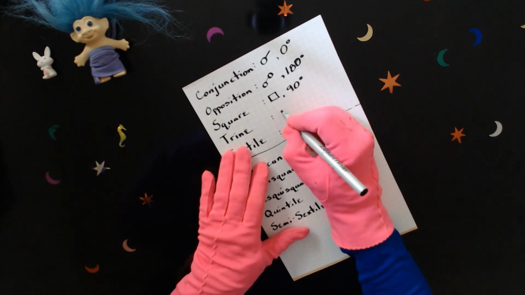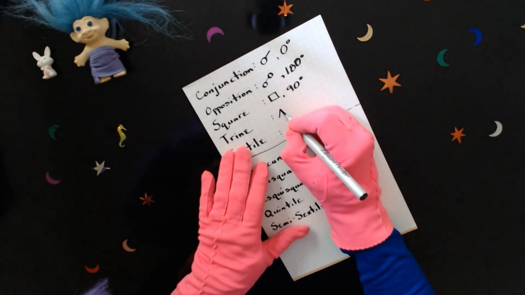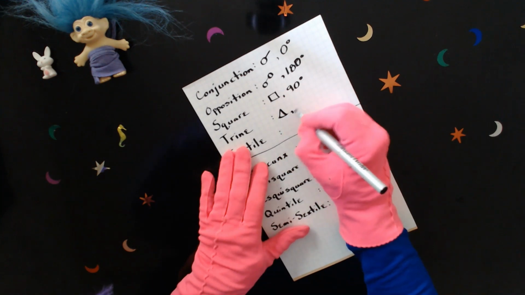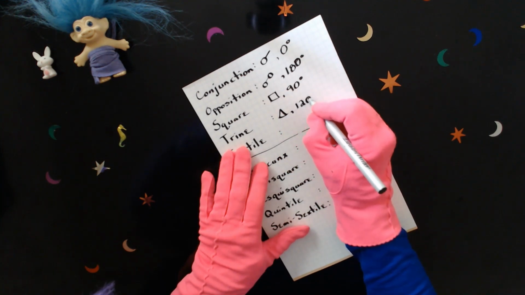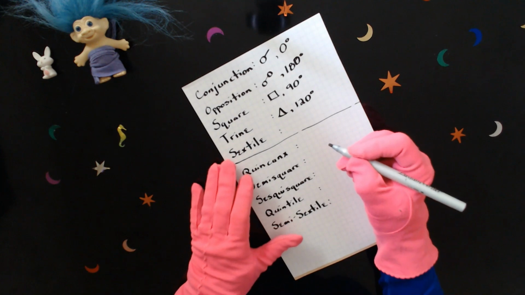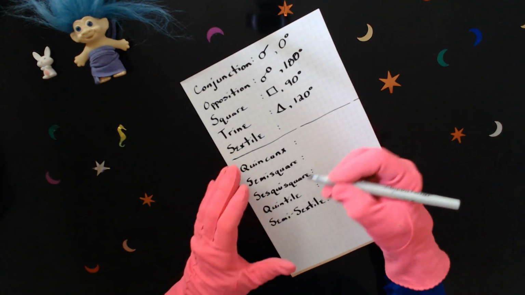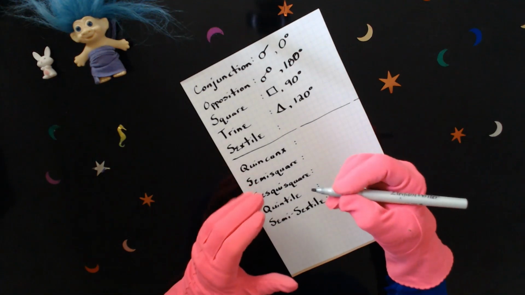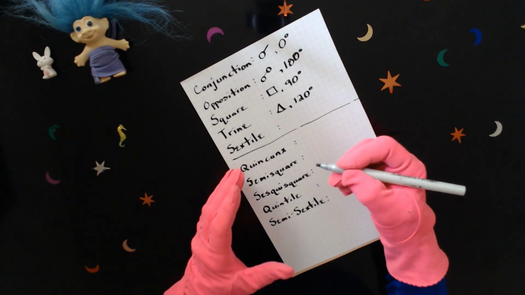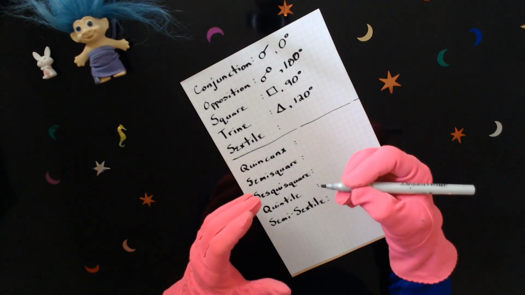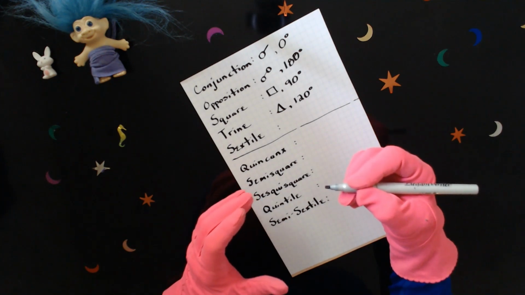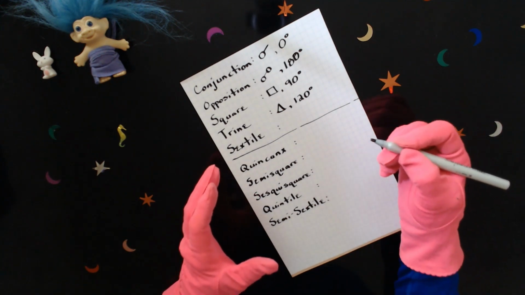Okay, a trine is depicted with our equilateral triangle, and that's 120 degrees. Trines are an easy blending of energies, can be very peaceful in someone's energy, and actually can be kind of boring.